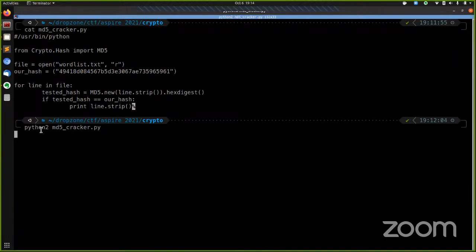But the password isn't that complicated, and we should have the result pretty soon. I'll leave that running and start talking about the next challenge, then we'll come back to this.